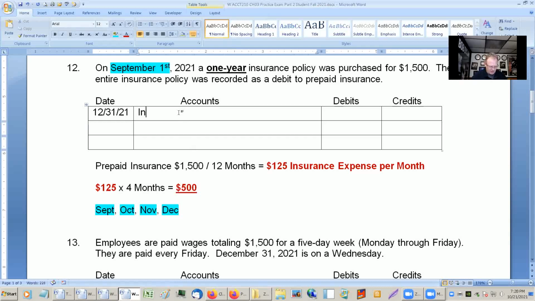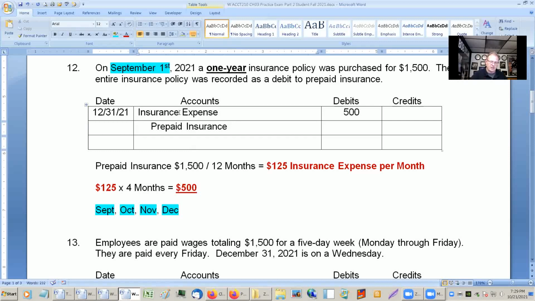So it has to be either an expense or revenue. If it's money going out, it's an expense. And then it's going to be credits. And the prepaid is going to go down to 1,000.